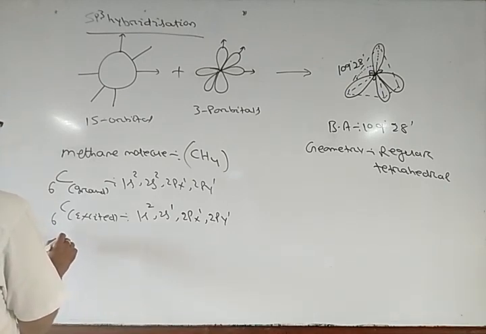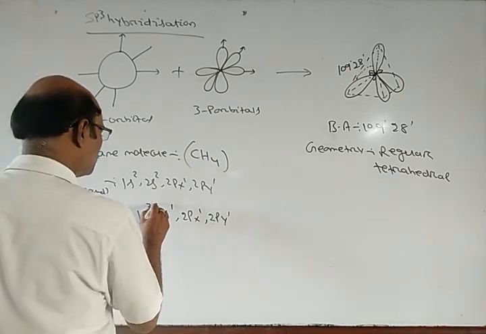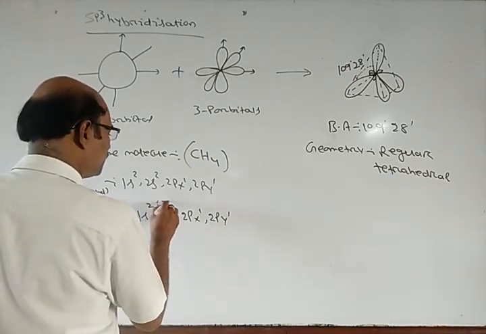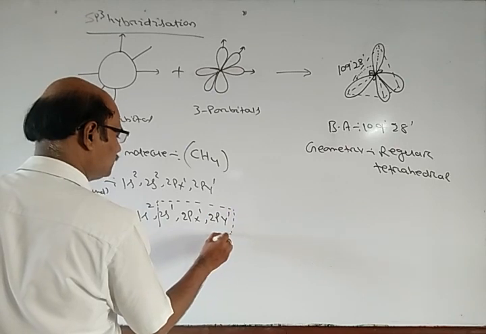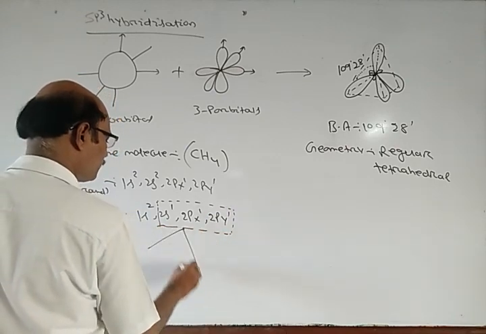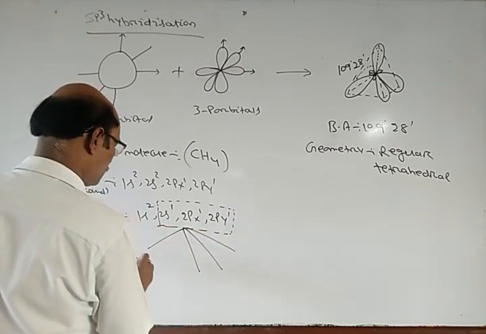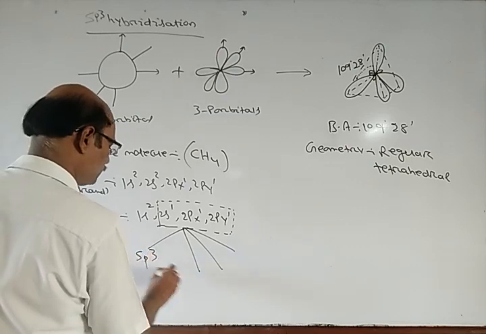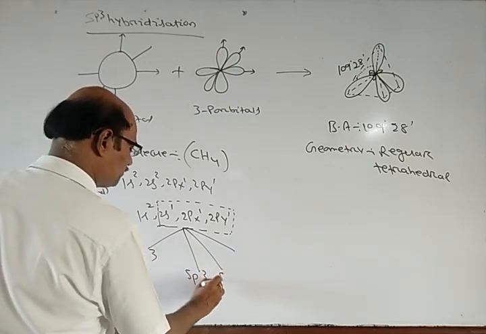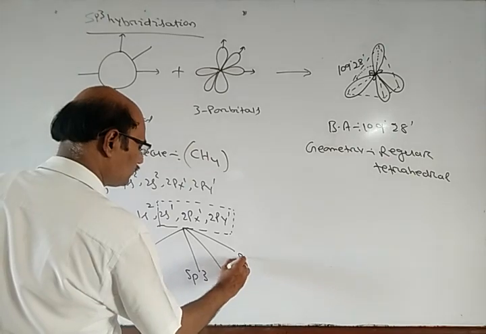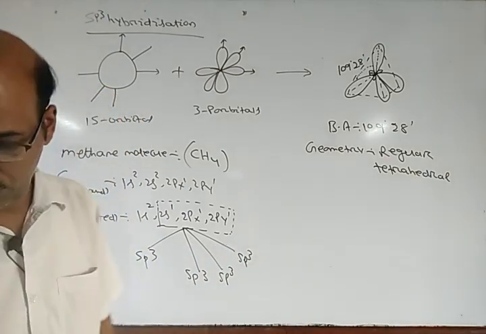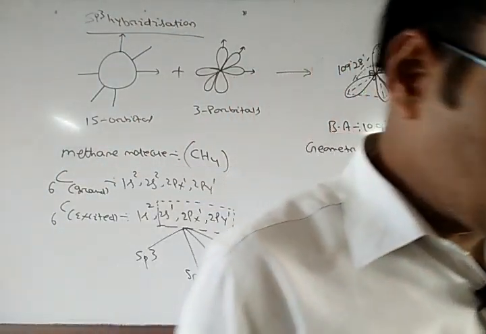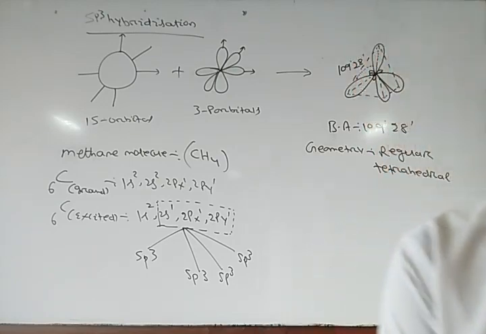One s and three p orbitals intermix to give what? Four sp3 hybrid orbitals.